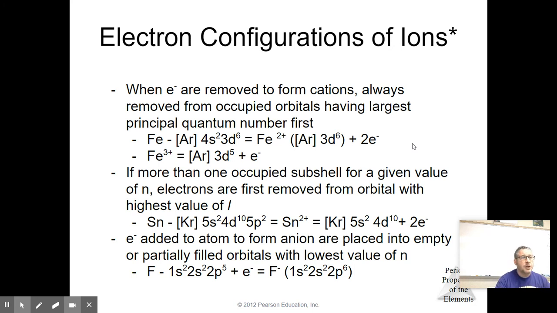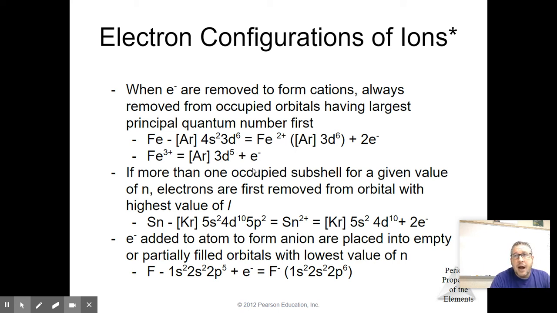So let's look at the removal of electrons. When electrons are removed to form cations, they always get removed from an occupied orbital having the largest principal quantum number first. That means we start pulling electrons from the orbitals with the largest quantum numbers first. For instance, if we look at iron, iron has a noble gas electron configuration of Ar 4s2 3d6.